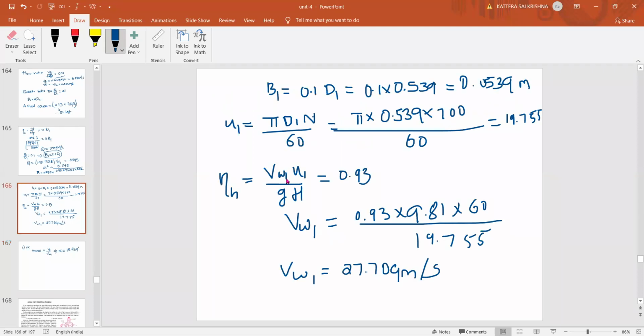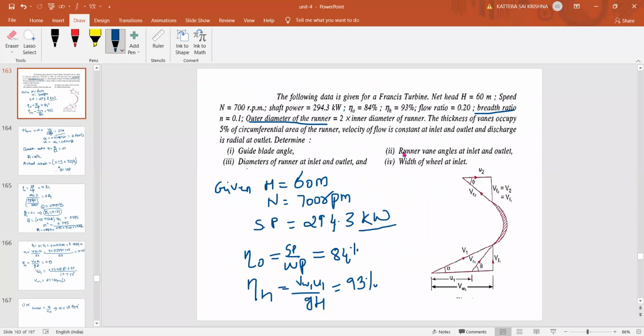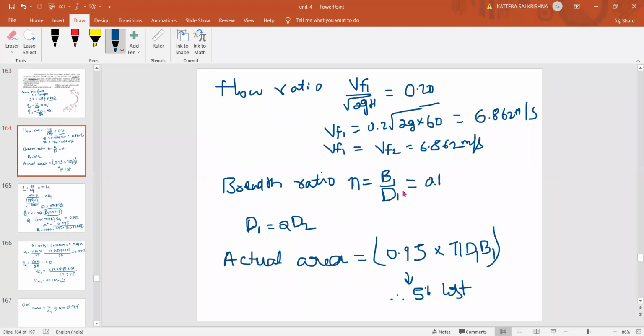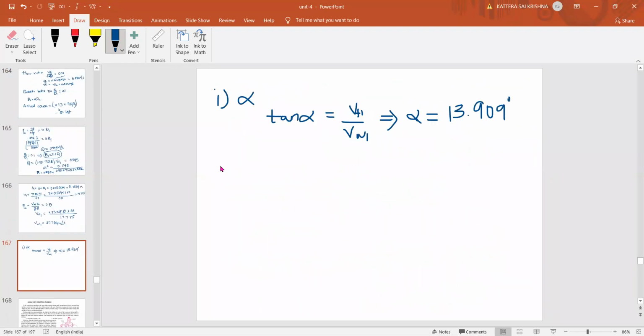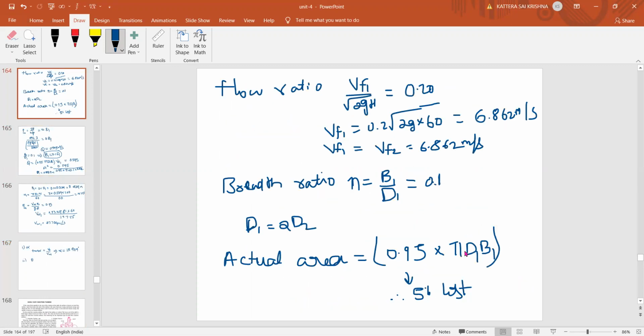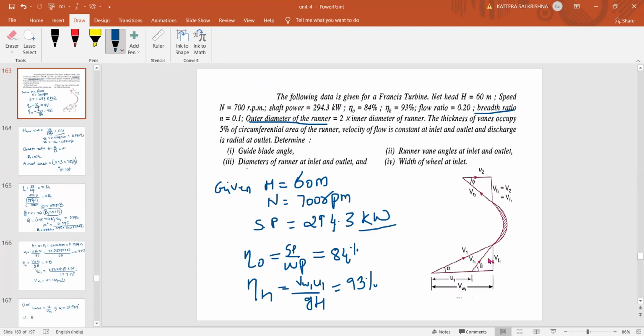Next, in the second one, what he asked is find the runner vane angle at inlet and outlet. So he's asking to find theta and phi. At inlet, he asked theta. For finding theta, you can use the inlet triangle again, the short right angle triangle. This one we need to find. We have this length also, that is VW1 minus U1.